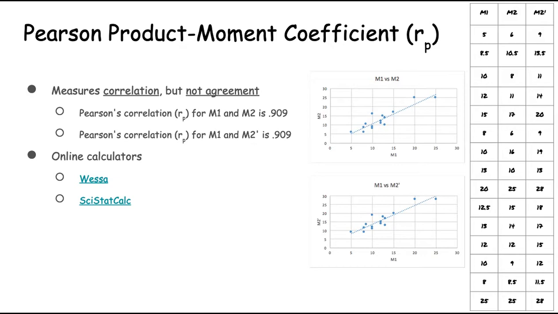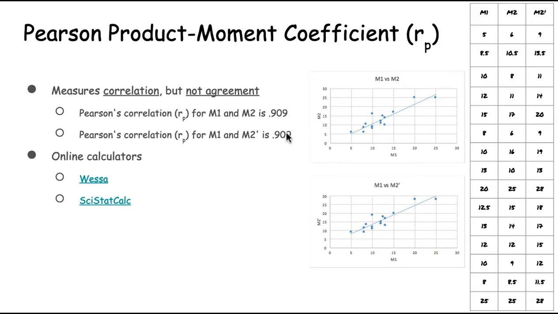The correlation that we're going to spend the most time with is probably the Pearson product moment coefficient, the PPMC. You may see it as R or as R sub P. This measures correlation, but not agreement. So you can see here, the Pearson correlation coefficient is exactly the same for these sets of data points.